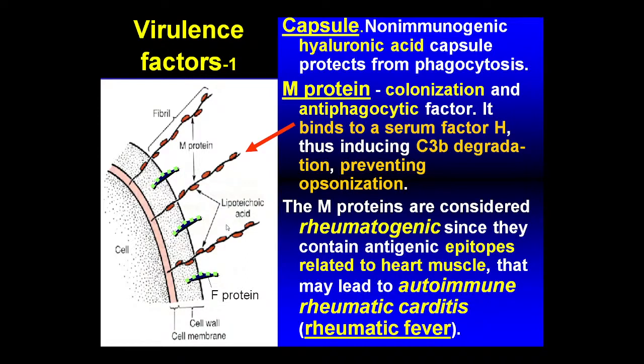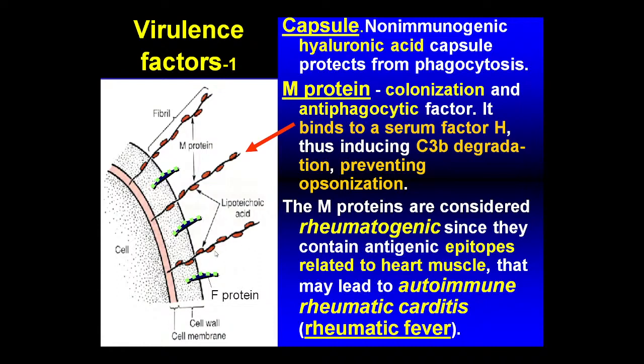Then the M protein is also considered rheumatogenic because it contains antigenic epitopes that cross-react with heart muscle antigens.